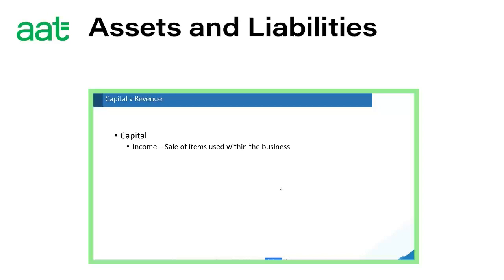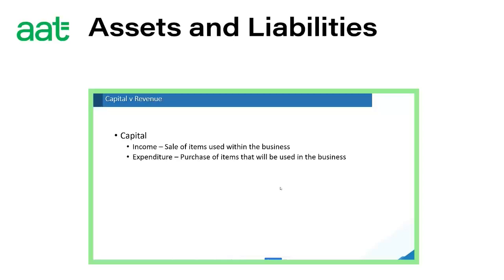What it is, it's items that the businesses have used, but we've sold them. So if we've got a motor vehicle and we sell it, that motor vehicle is a non-current asset to the business, and we originally capitalized it as a non-current asset. So if we sell it, it becomes capital income. Okay, so it's money that we're receiving as a business through the sale of our asset, our non-current asset.